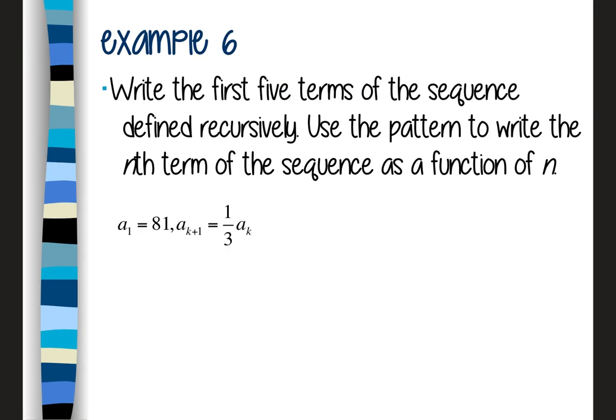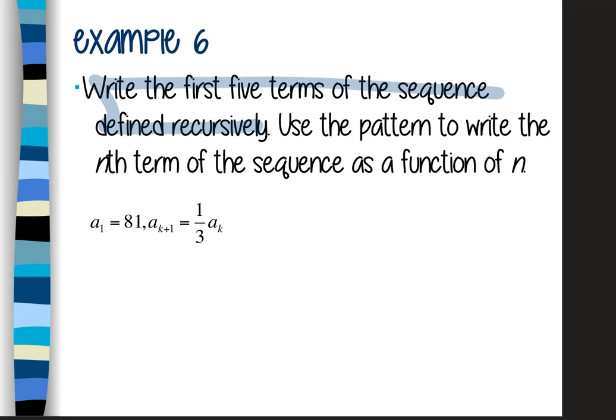All right, example 6 says, write the first 5 terms of the sequence defined recursively. Use the pattern to write the nth term of the sequence as a function of n. So let's start with the first part. Write the first 5 terms of this sequence. What are we going to do to each term every time? Multiply by a third or divide by 3, right? So if the first one is 81, what's the next one? 27.